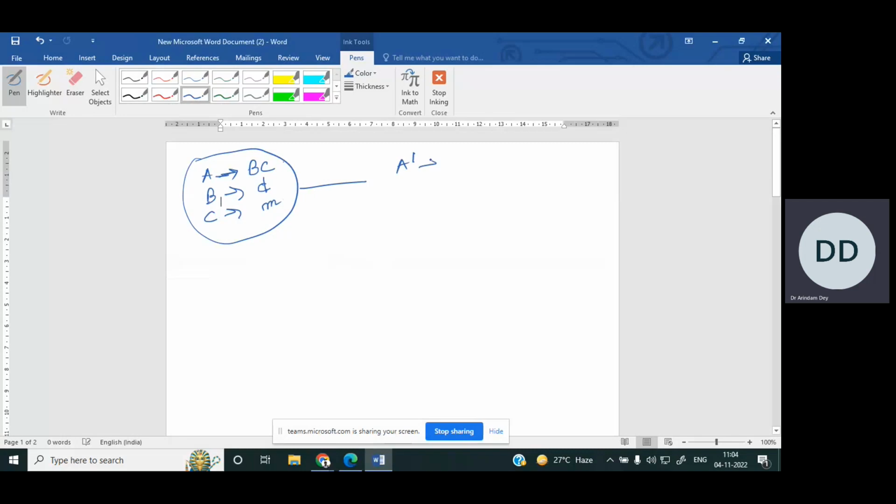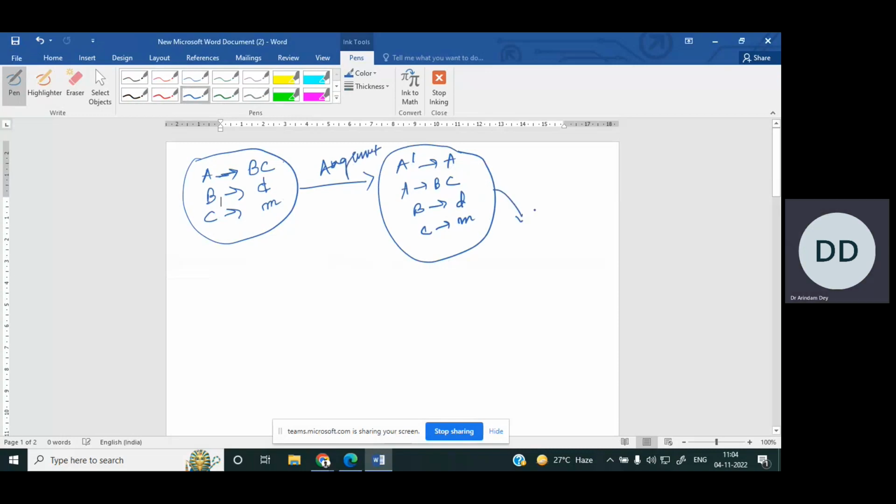Augmentation means I will be adding A dash to A. First, no need to perform the dot operator. Once I add this A dash to A, that is called augmentation, and subsequently all the productions I will be adding, B to D and C to M. Correct? So this will be the augmented production, right? This is called augmentation.